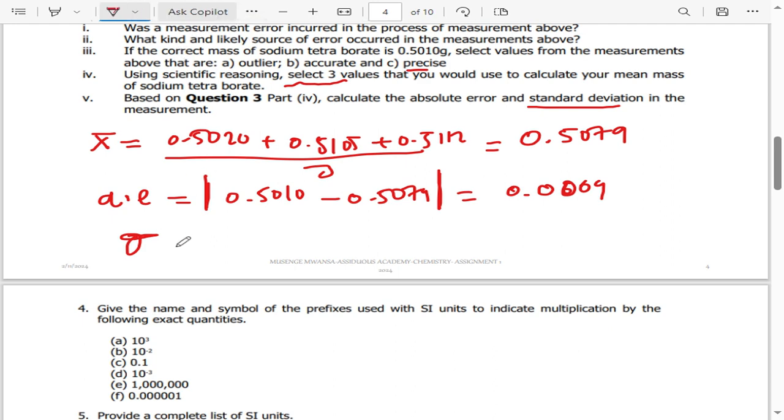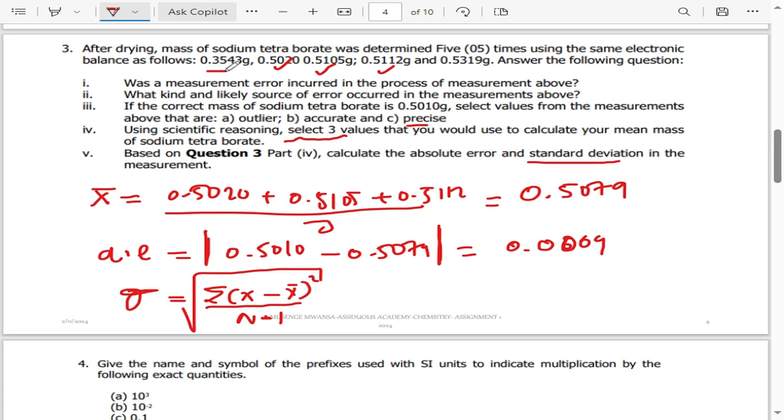Standard deviation, you can write SD, is given by the summation of a value minus the mean, you square that, and then you divide by n minus 1, and then you square root your answer. Now, let's first find out what x minus x mean stands for. What that stands for is you get a value, you remove the mean, and the answer you get, you square it.